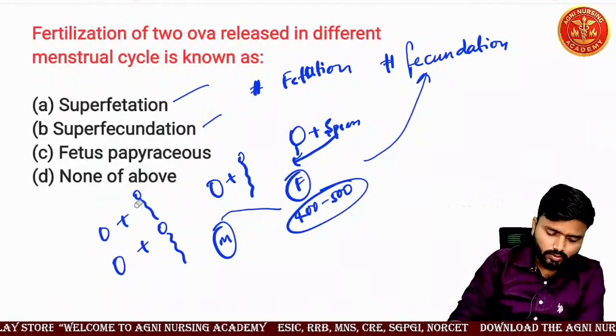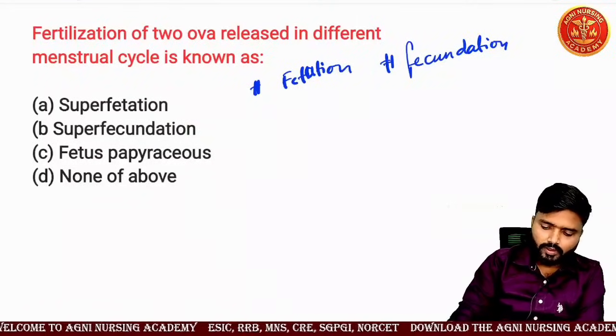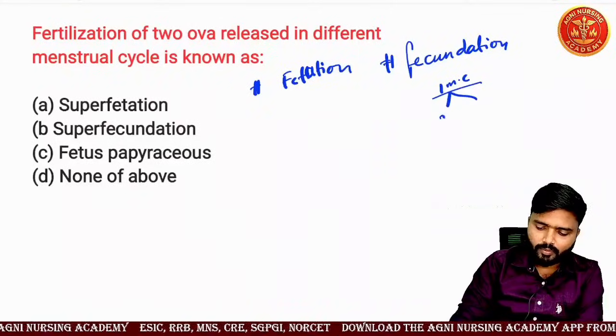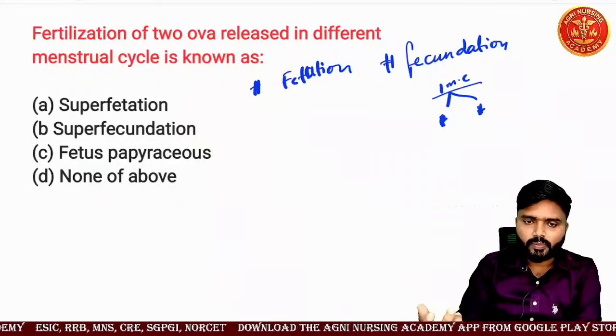Don't confuse them; I will tell you once again. In only one menstrual cycle, double fertilization happens, meaning two fertilizations, and that is called superfecundation.